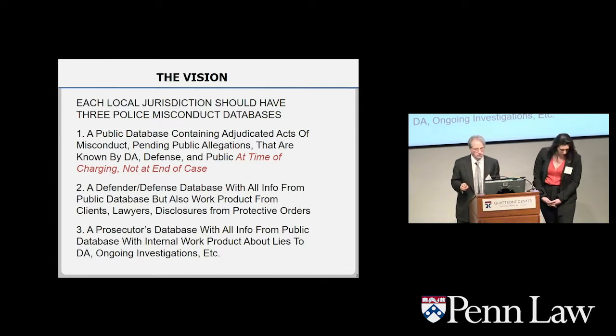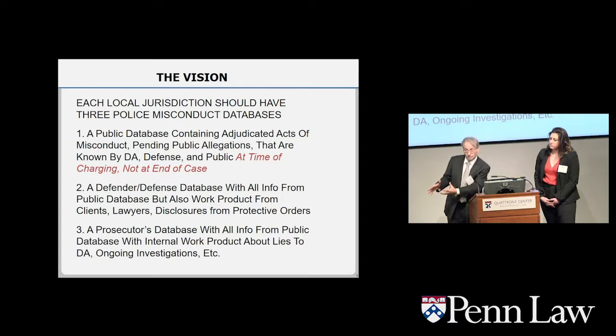What Julie is going to explain to you is that the Legal Aid Society first developed its own database that we'll explain in some detail, but they have recently put out a public version of the database.